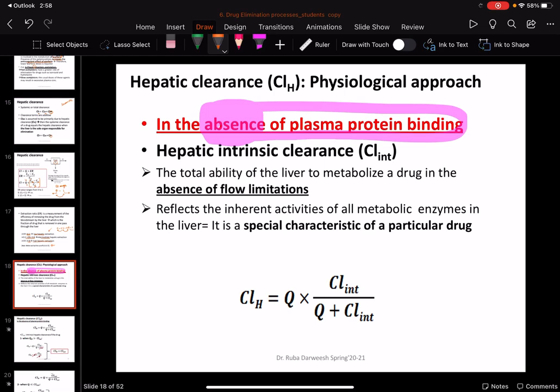And when we had this, we mentioned that we can express the extraction ratio in terms of intrinsic clearance, which is the inherent ability of the organ to metabolize the drug in the absence of any limitation related to the flow or perfusion. Math-wise, it was the hepatic flow multiplied by this term: the intrinsic clearance of the liver over the hepatic flow plus the intrinsic clearance of the liver.